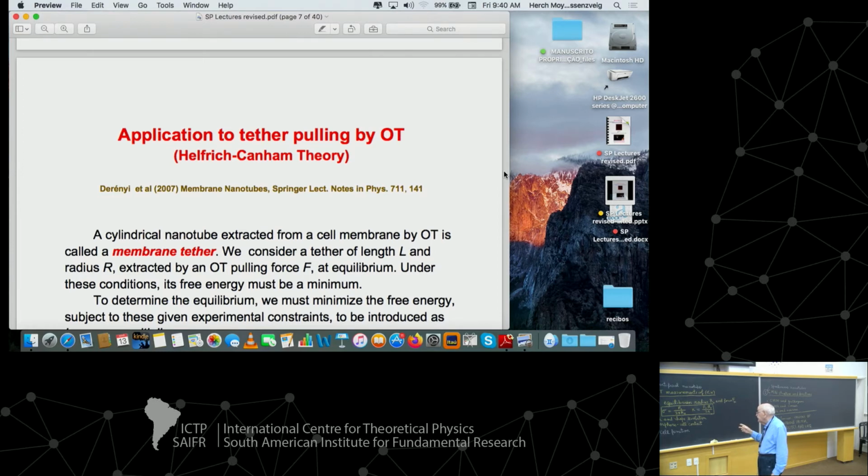We'll discuss also how the tether grows and how its shape evolves as you pull. It also depends on how the cell-microsphere contact is established. The theory here assumes a point contact. But in real life, it's not a point, it's a little surface.